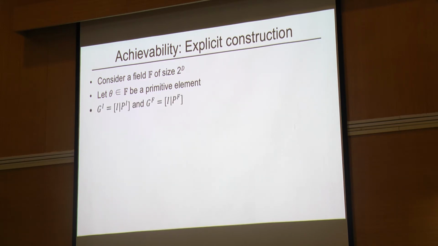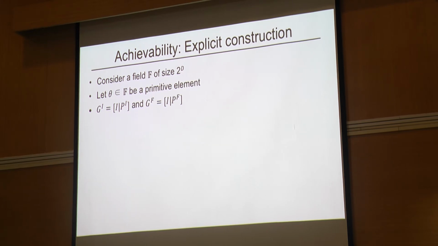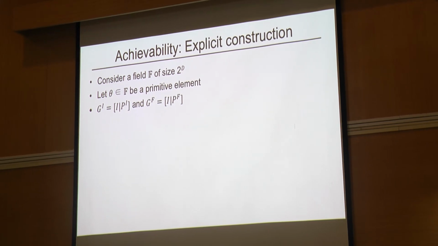Okay, so we will have this field 2 to the d, which will be made large very soon. Let theta be a primitive element of the field. Again, this is something that I haven't introduced, but theta is called a primitive element if, when you take powers of theta, it goes through all the values in the field. That is, it will not repeat until it covers everything.